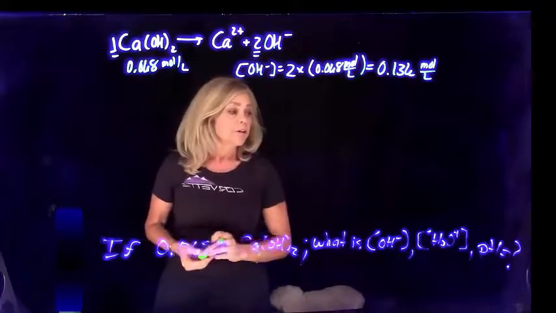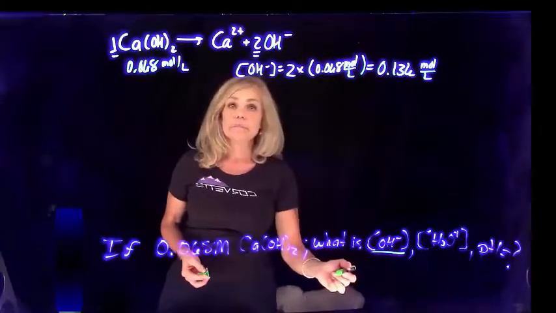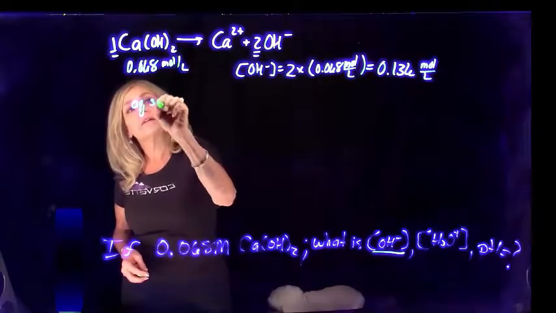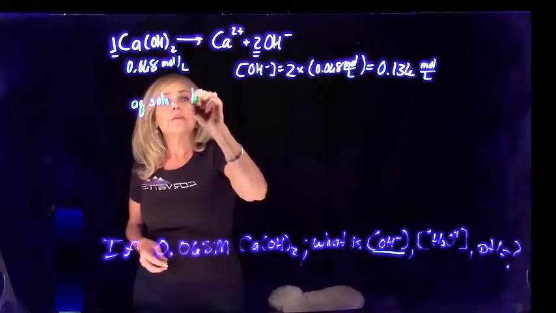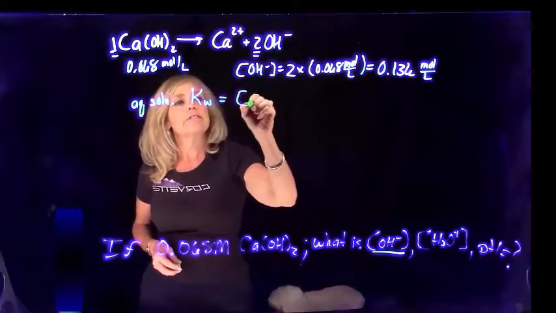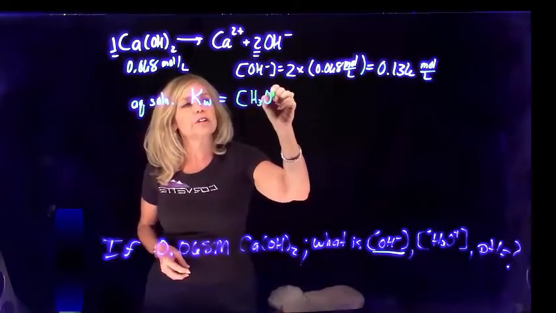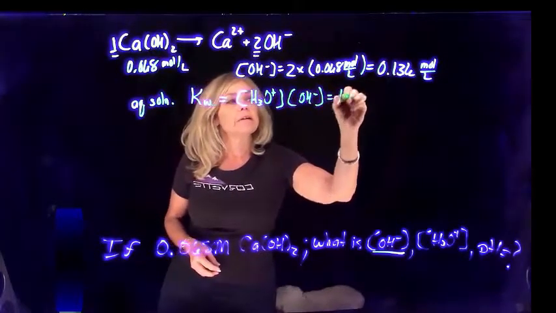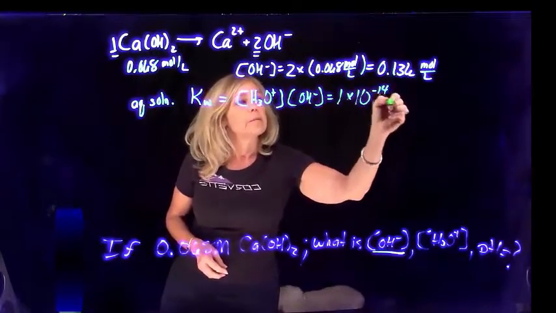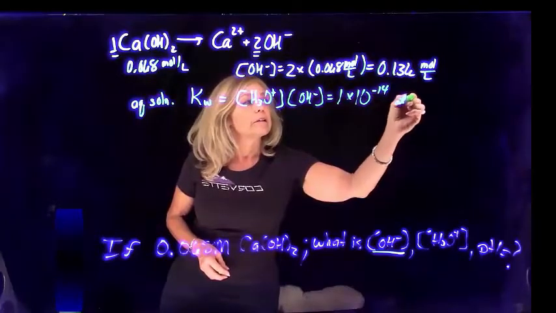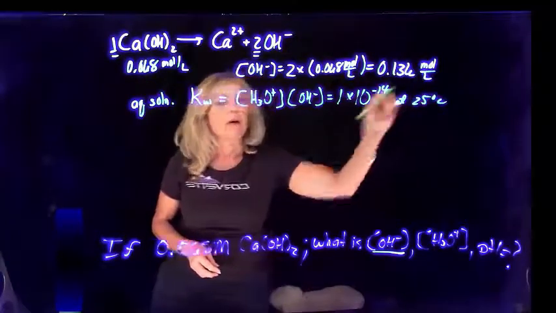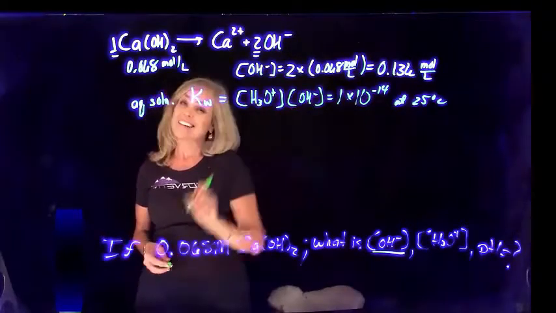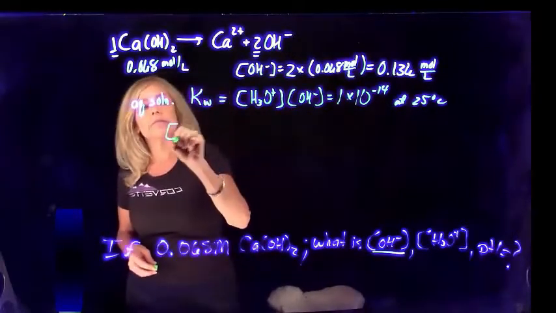All right, so that's the concentration of the hydroxide ion. We are in aqueous solution. So I said whenever we're in aqueous solution, we know that the product of the hydronium ion concentration and the hydroxide ion concentration has to be Kw, that number at 25 degrees C. So if I know the hydroxide ion concentration, I can calculate the hydronium ion concentration.